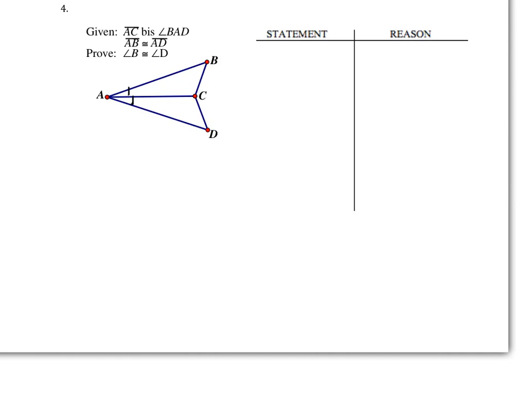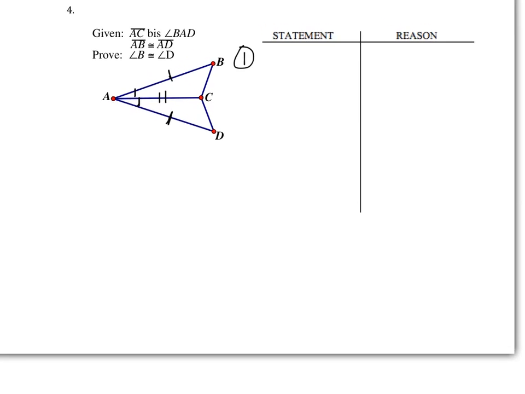I'm also given that AB and AD are congruent, so I'm going to mark those. And I see from the picture that I can take that AC is congruent to itself. I notice that these two triangles are congruent by side, angle, side. And if the two triangles are congruent, then I can conclude that angles B and D are congruent. All right, so let's start with our given information.